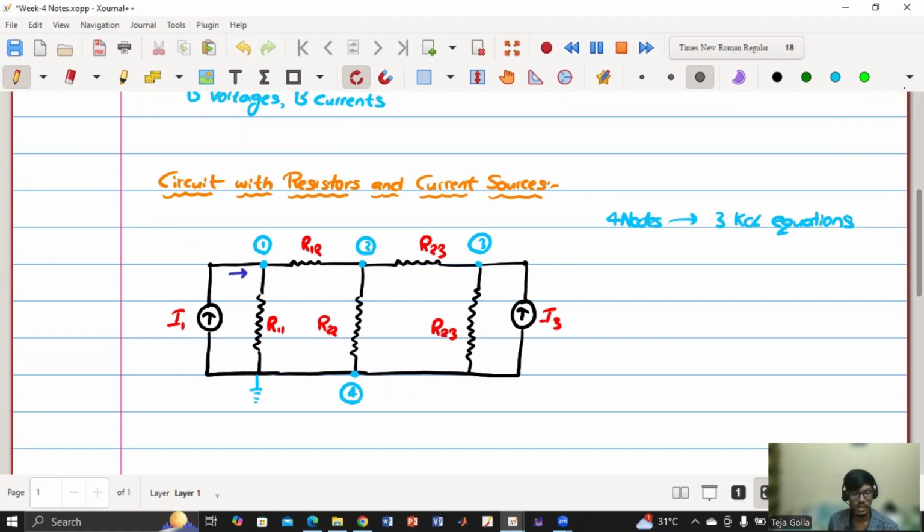In nodal analysis, the convention that we have to follow is to consider that the currents are flowing away from the node. So this is flowing away, this is also flowing away, here also flowing away, here also flowing away, and here also flowing away.